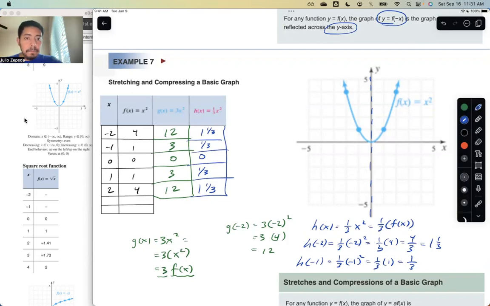Okay, so let's go ahead and plot these. I'll do this in green for the g of x. -2, 12 is going to be off the page, but -1, 1, 2, 3 is not. 0, 0 is still one of the points, and +1.